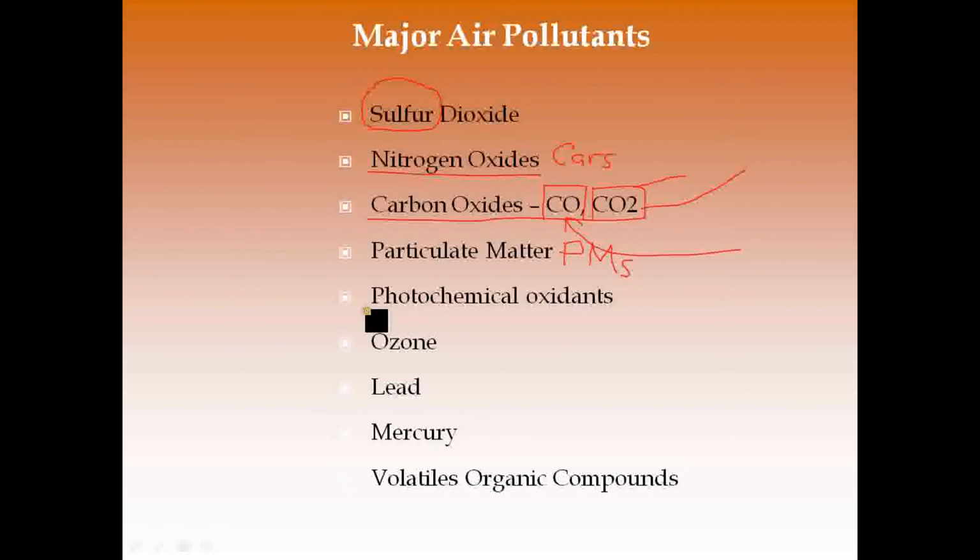Photochemical oxidants. The word photo is key for you here. These are chemicals that oxidize in sunlight. And we'll talk more about that when we talk about smog. Ozone. Remember the old thing. Ozone in the stratosphere is good. Ozone in the stratosphere protects us from the sun's UV rays and protects us from skin cancer, cataracts, things like that.